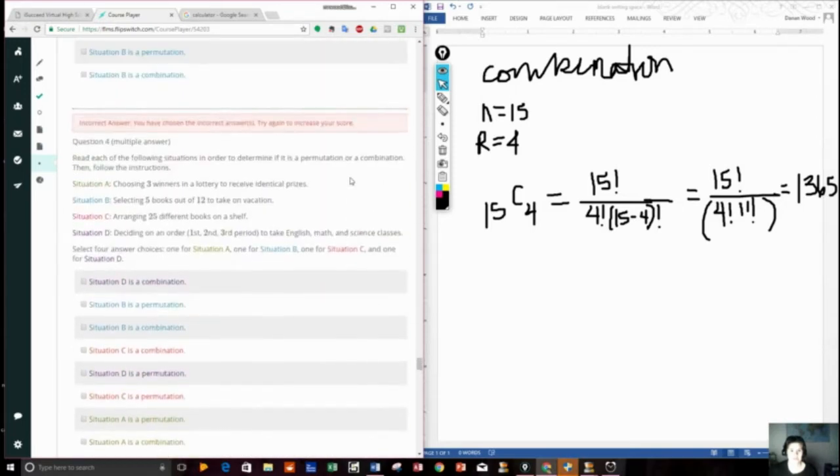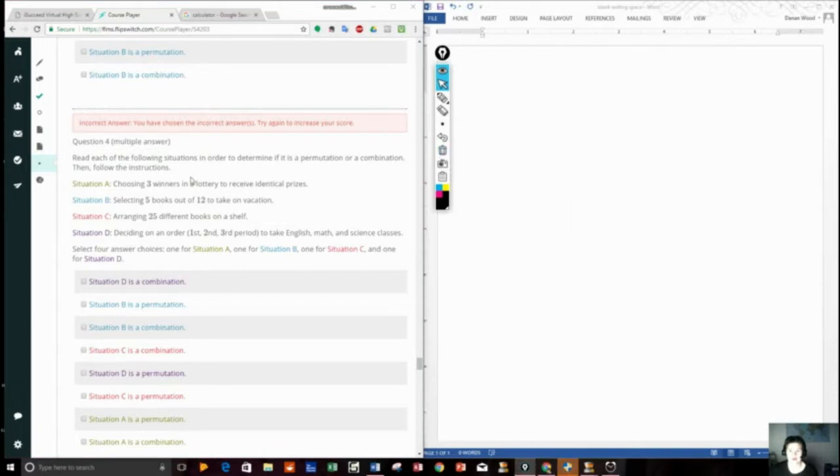Great job. Okay, so question 4. Read each of the following situations in order to determine if it is a permutation or a combination, then follow the instructions. Okay, well, I'm going to jump to the instructions. Select 4 answer choices, 1 for A, 1 for B, 1 for C, and 1 for D. Okay.